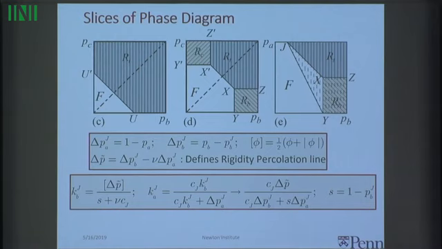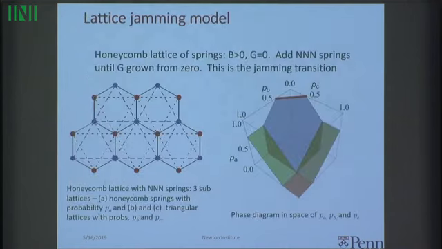So here's a cut of the phase diagram. If I set PA equal to 1, I'm up here. The rigidity transition now, as described here, if I set PA equal to 1, I always have the bulk modulus as non-zero.